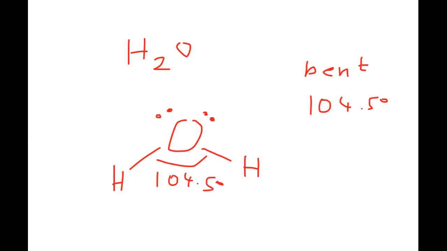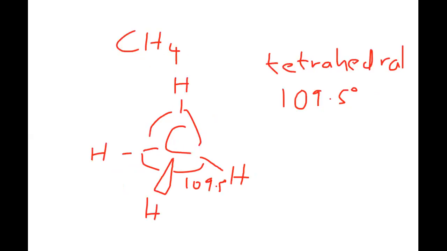Now the question that arises is why are these shapes formed? So we have a theory that is called the valence shell electron pair repulsion theory. According to it, electron pairs repel each other, and the repulsion due to lone pairs is greater than the repulsion due to bond pairs.